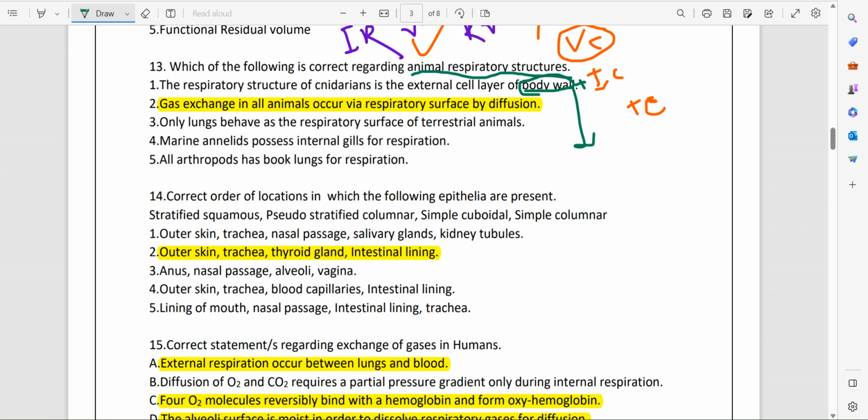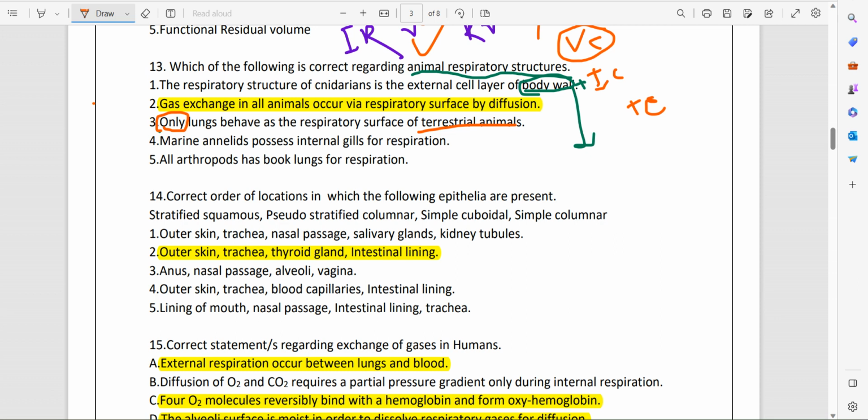The third one, only lungs behave as the respiratory surface of terrestrial animals. So only is there. Whenever you see words like only and always, you have to be very careful. Not only lungs. Sometimes if you take amphibians, they're considered as terrestrial animals, but they have moist body and they can respire using their skin.